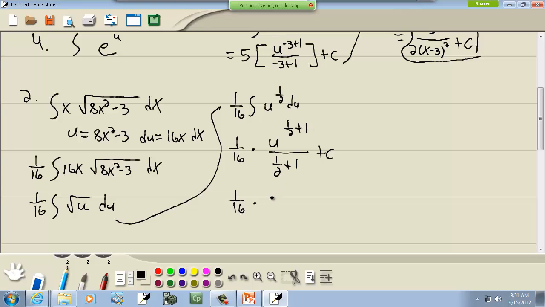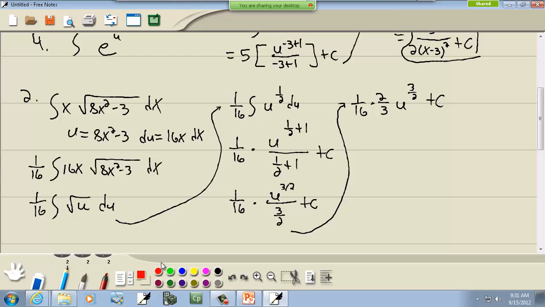One half plus 1 gives us 3/2. We have 3/2 down here. If you got a single fraction downstairs, you flip it and multiply it times your top part. So we got 1/16 times 2 over 3 u to the 3/2 plus c.